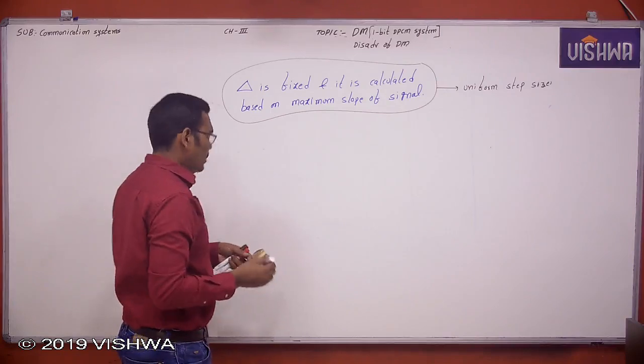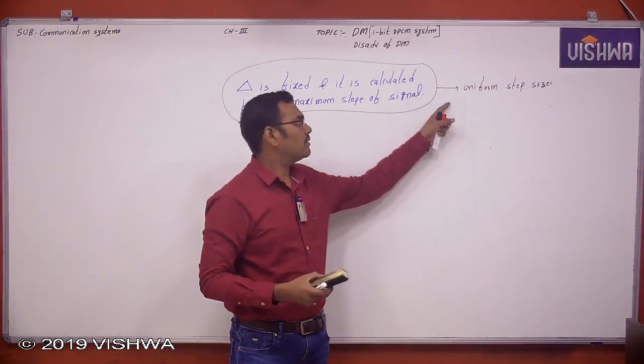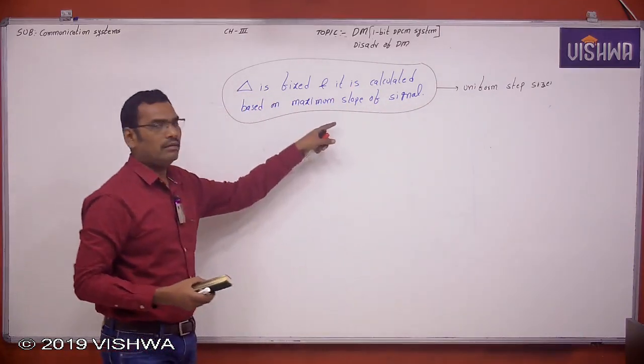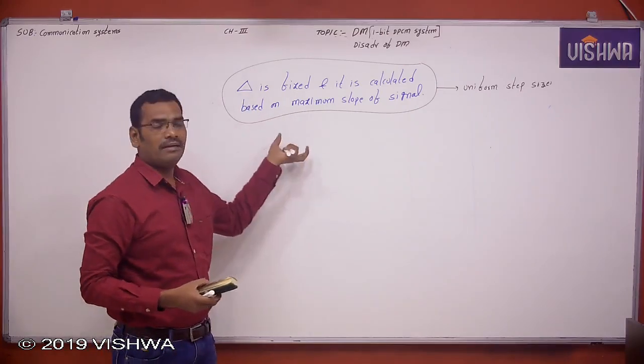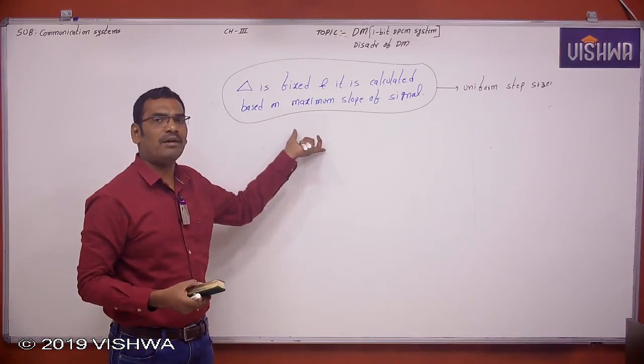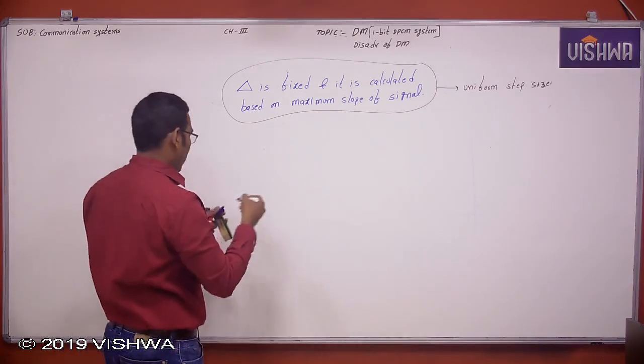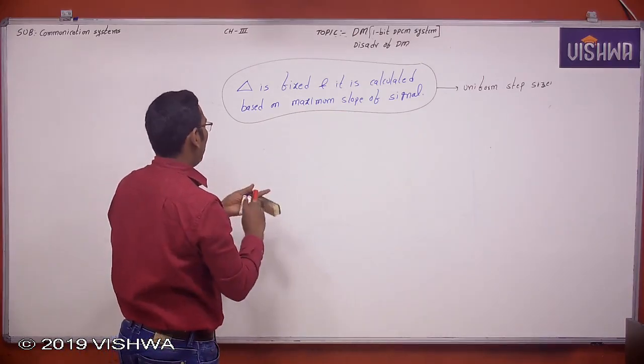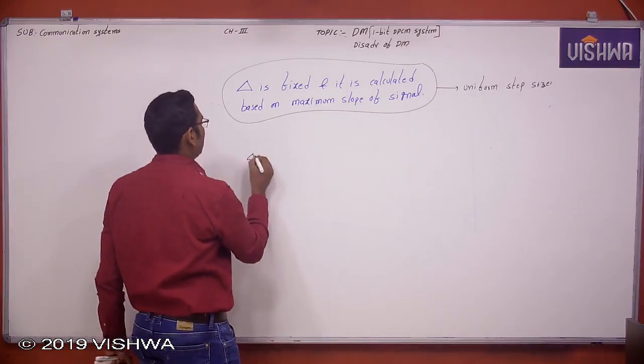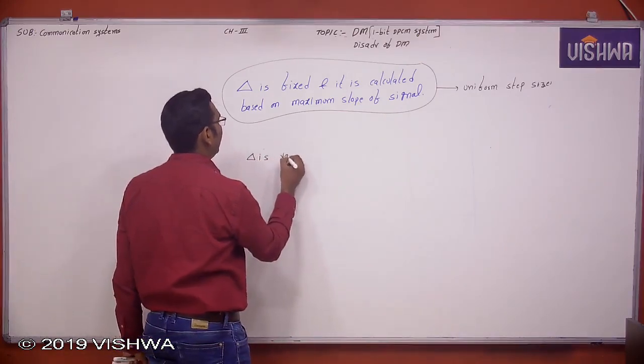Now, this uniform step size is good for the larger amplitudes, but not suitable for the smaller amplitudes. Therefore, to overcome that particular problem, this step size is varied.